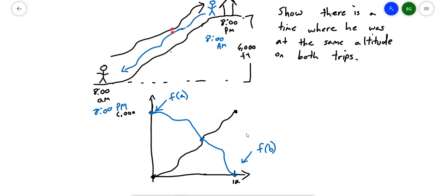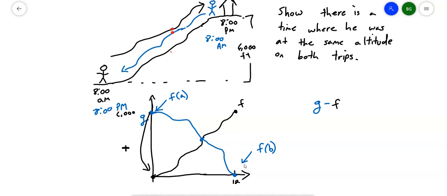Okay, and another way to think about that is to think about the difference function. So maybe we call this f, and we call the blue one g. Let's think about the function g minus f. So we'll just take the difference. Obviously if I take g minus f to start with, my difference is positive, right? That's definitely a positive difference.